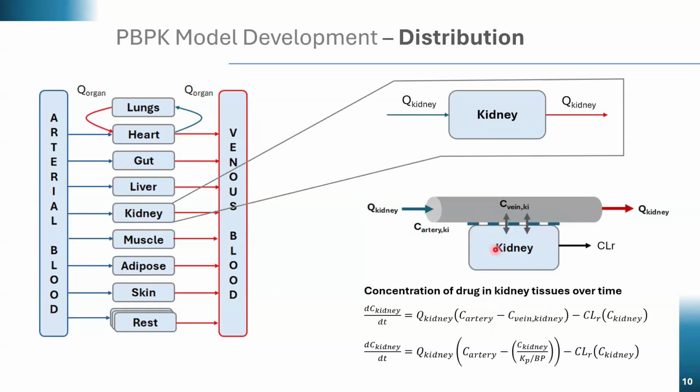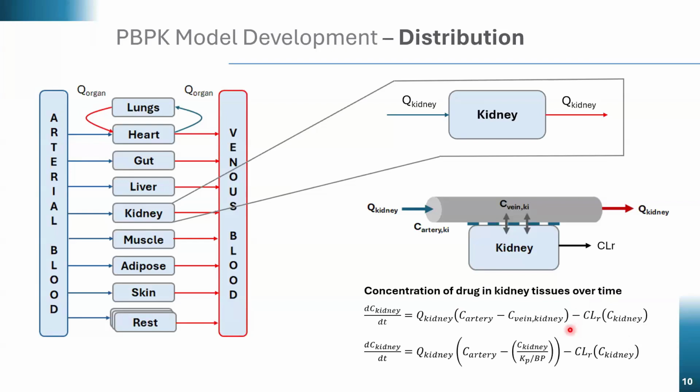So now let us assume that apart from functioning as an organ, this kidney can also help us in eliminating the drug. That is this arrow here. So we can also clear the drug from the kidney. All you need to do then is just add that portion of renal clearance.